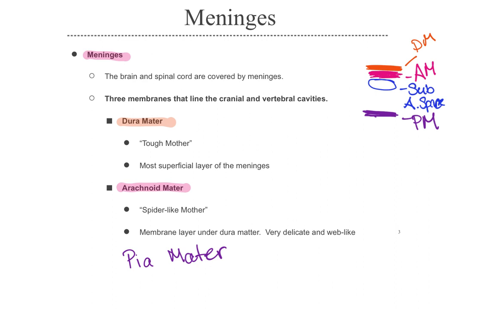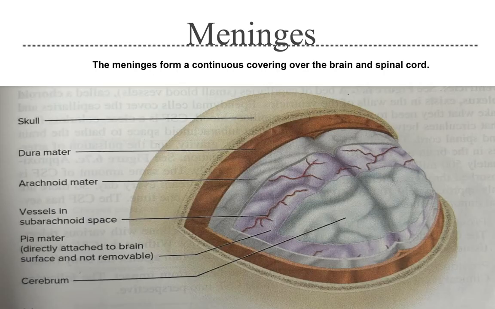So when we do brain surgeries and even in a cadaver lab, it's directly connected with the brain. So there's not space like the subarachnoid space. So this picture is in your book, and it's on page 238.